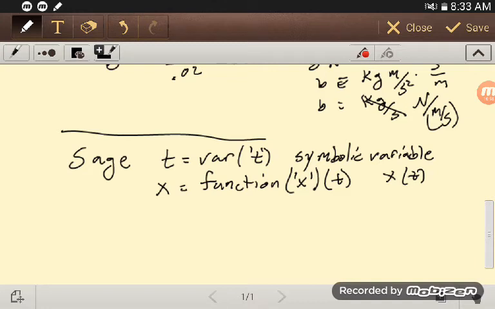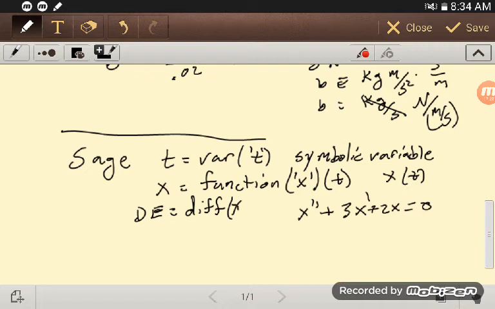Now they solve their differential equation. Now the original differential equation, I can read from this and see that it was x double prime plus 3x prime plus 2x equals 0. And so that's what they do, is they're just assigning a variable called dE for differential equation. They're saying, we need the second derivative of x, so we're going to take a derivative of what, x, with respect to what, t, and how many derivatives, 2.